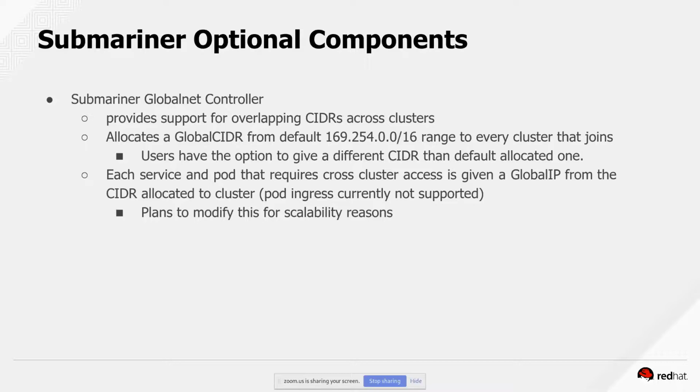So basically, with normal Submariner, when you connect clusters, if there are no overlapping CIDRs, then it's a flat network. Anyone can talk to anyone. But if there are overlapping CIDRs, that communication is not possible, so that's where GlobalNet comes into the picture. In this case, you cannot talk to every other pod, but only the ones that you designate that you want to have access to.